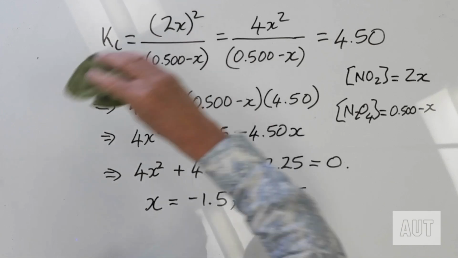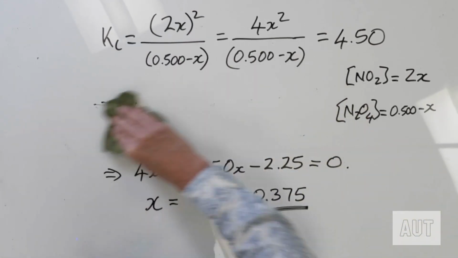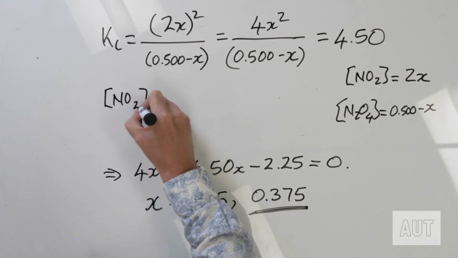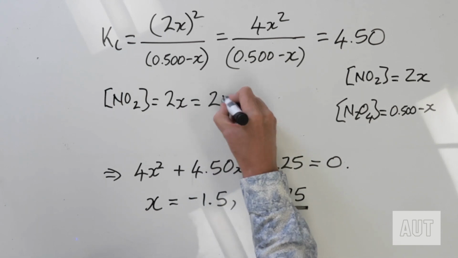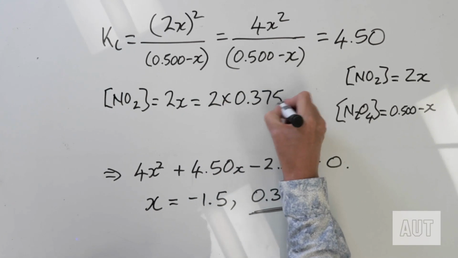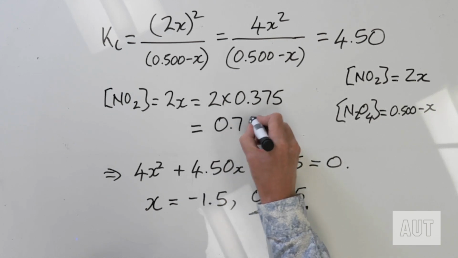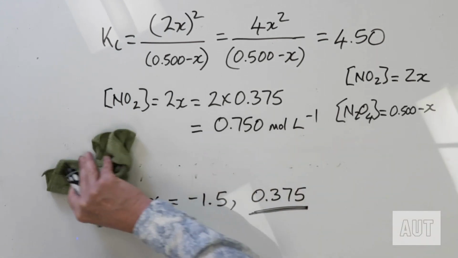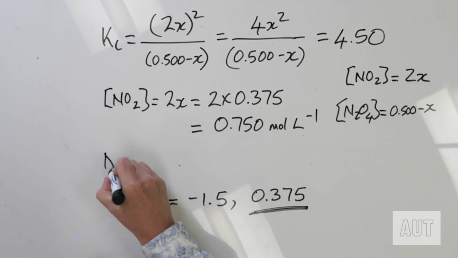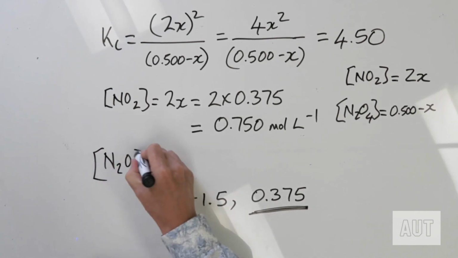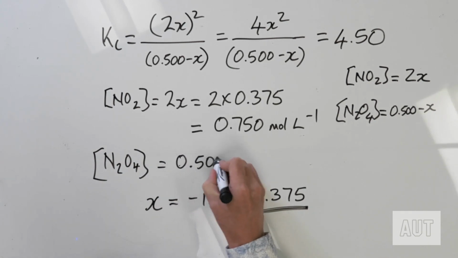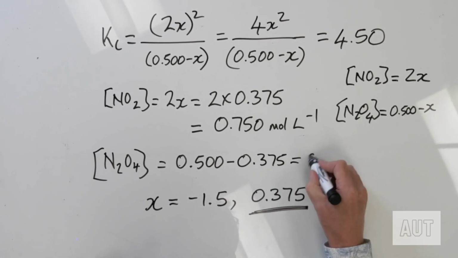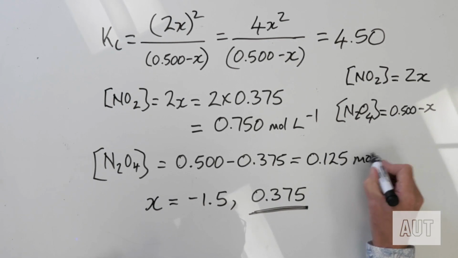So the concentration of NO₂ is equal to 2x, which is 2 times 0.375, which is equal to 0.750 mole per litre. And the concentration of N₂O₄ is equal to 0.5 minus 0.375, and that is equal to 0.125 mole per litre.